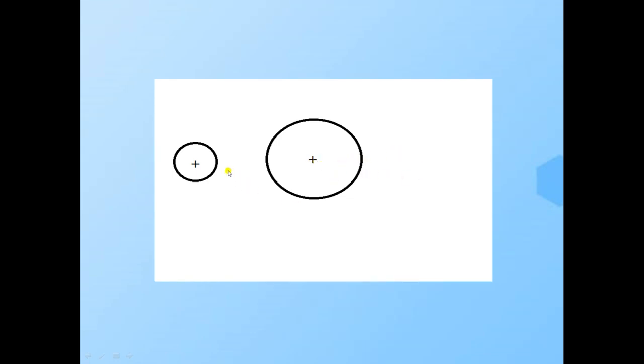Out of these two, more energy is released in this one and less energy is released in the other. As more energy is released in this one, that means a more negative value of electron gain enthalpy. And here less energy is released, that means a less negative value.